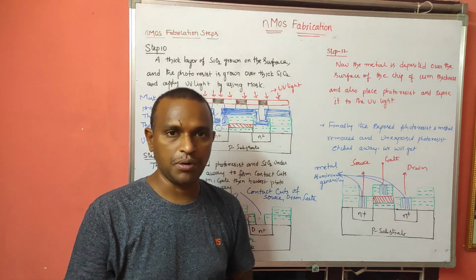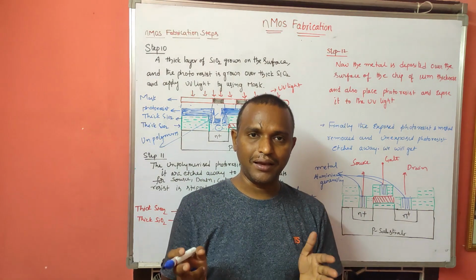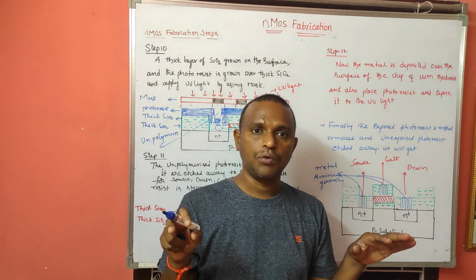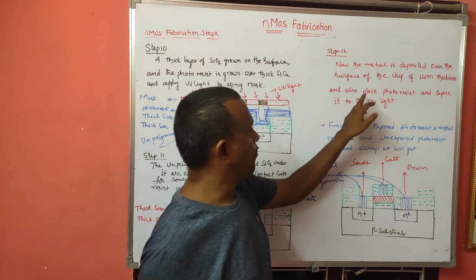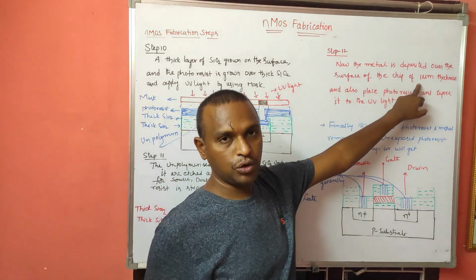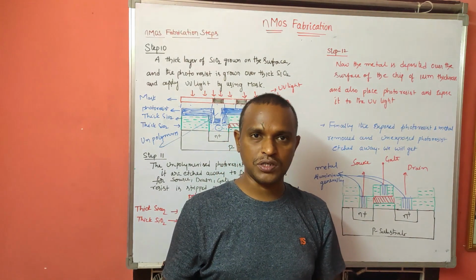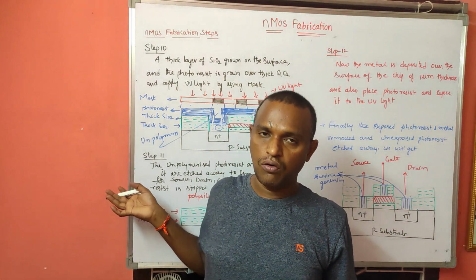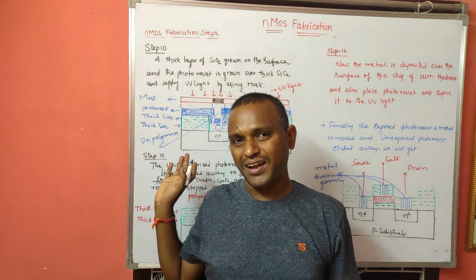After the formation of the contact cuts, again we will place the metal, here of 1 micrometer thickness. Again we will do the same process we have done for the formation of contact cuts.